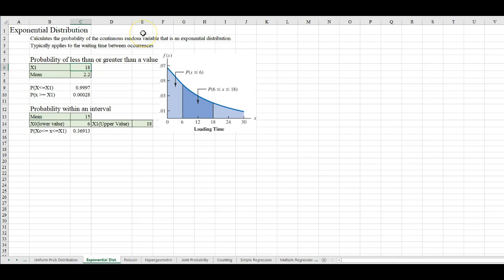We want to know the probability of x being 1 minute or less. So the probability that x is less than or equal to 1 is 0.3653.